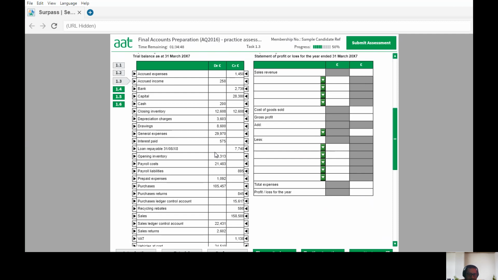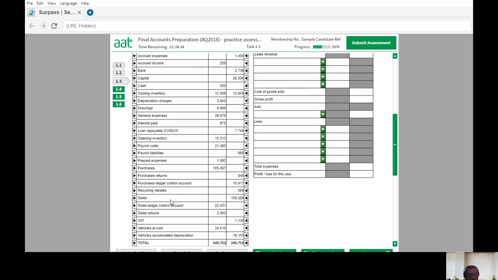Next one, the purchase side of it. Now for purchases, we have 105,457 minus the purchase returns of 845 plus any carriage inwards. So let's see if there are any there.